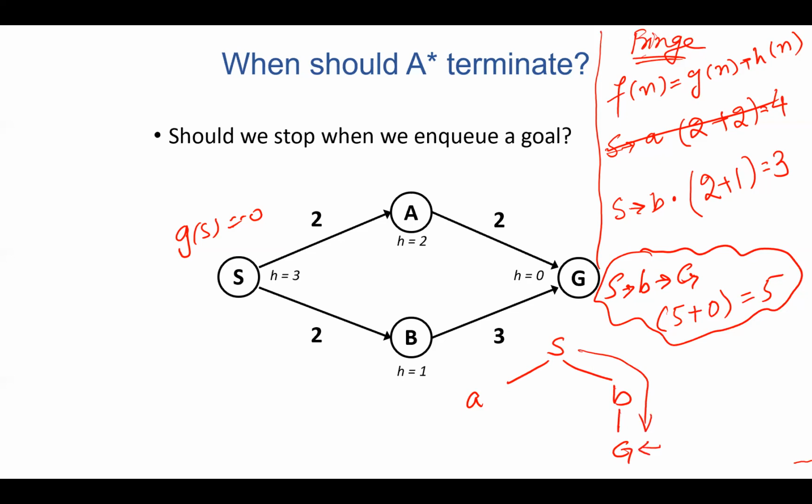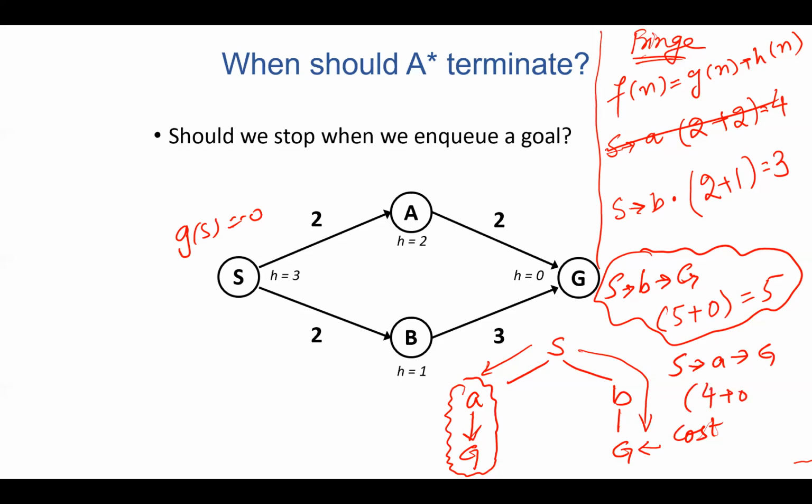But now let's see. We looked at the cost right here from SBG, but we waited and we didn't finish. And then we said, okay, how about if we explore this path and see what happens? From S to A basically was 4, right? And then from S to A to G, what is G of G from A? 4, right?